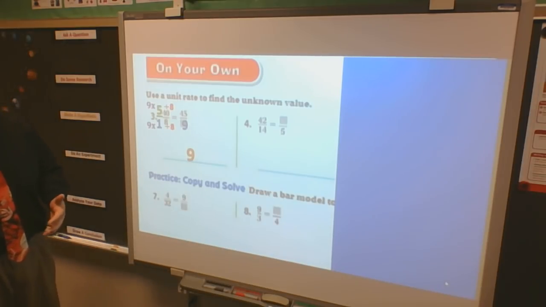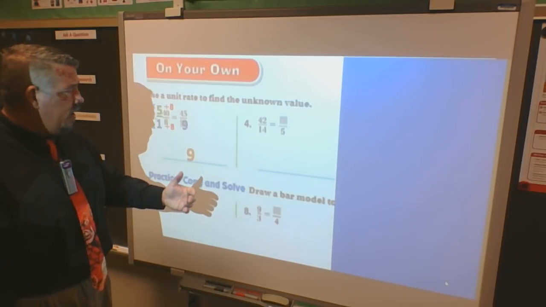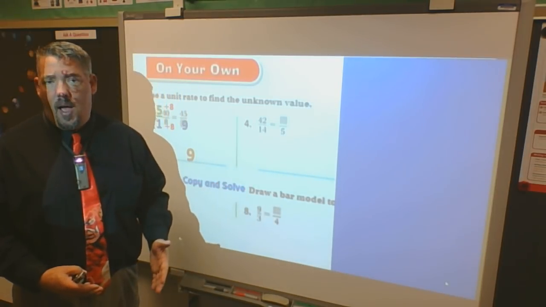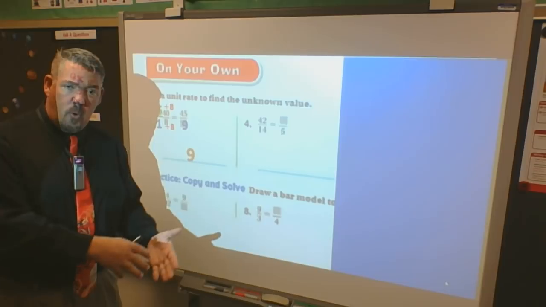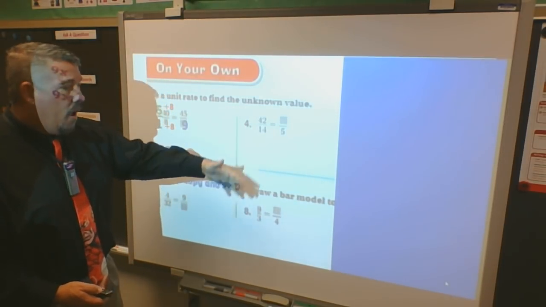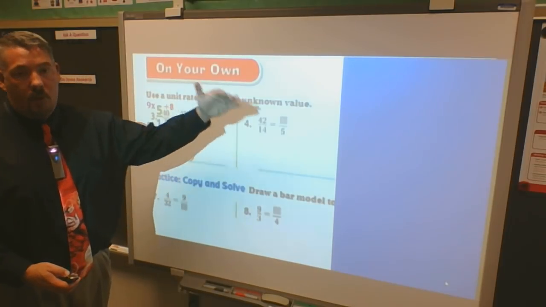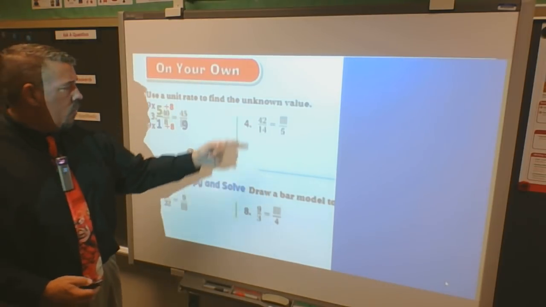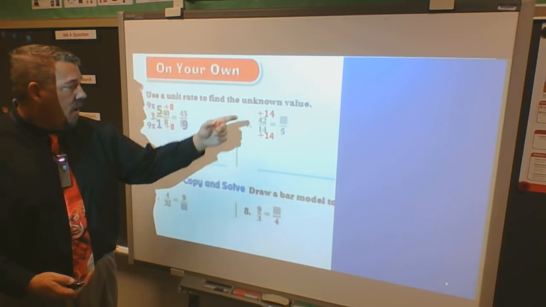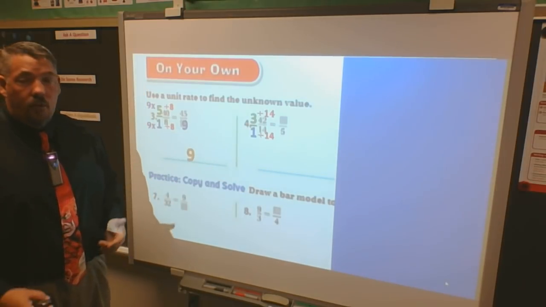On question 4, it's the same idea. I'm not going to be able to easily go from 14 to 5, so I'm going to make my unit rate by reducing by the denominator of 14, and then I'll go from there and multiply to get the 5. So I'm going to reduce first. 14 does go into 14 one time, and 14 goes into 42 3 times.